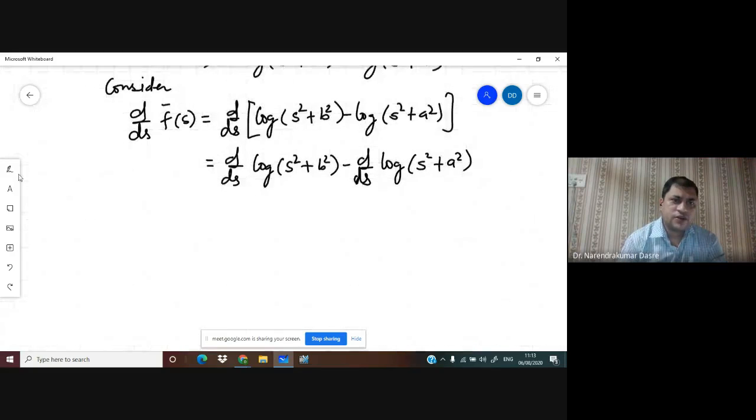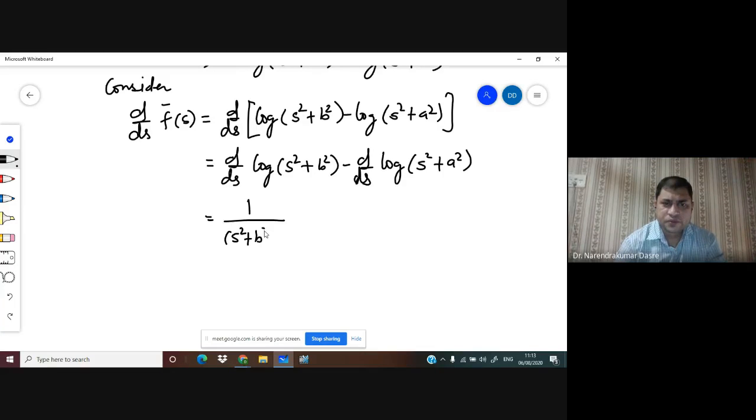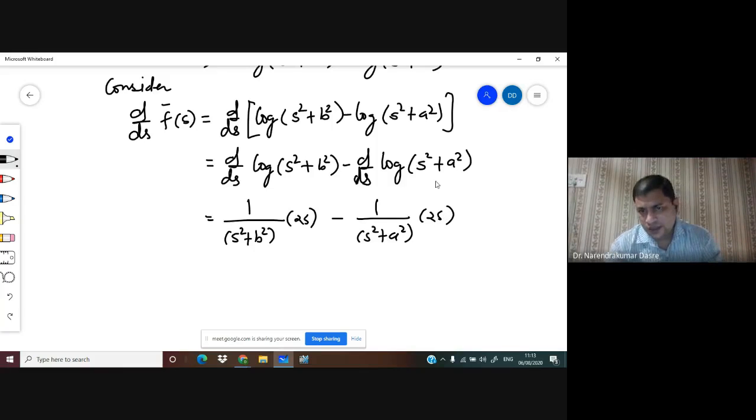So let us find these derivatives. This is equal to 1 upon s square plus b square into 2s minus 1 upon s square plus a square into 2s. The derivative of log is going to be 1 by the term, and the derivative of this term is going to be 2s.